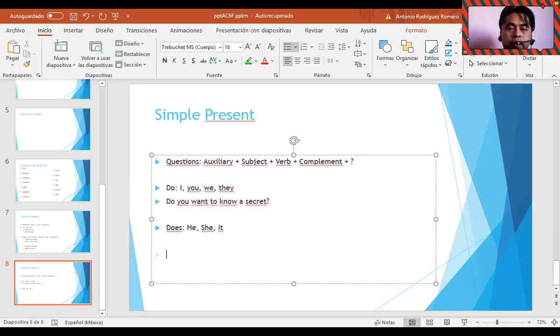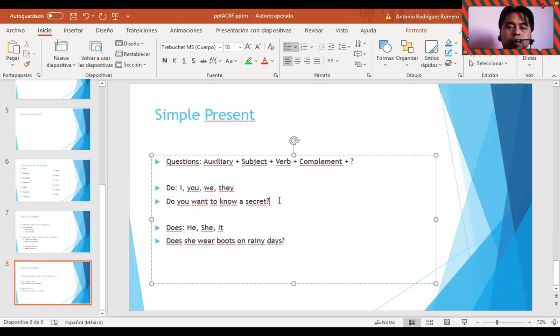For example, does she wear boots on rainy days? Okay, for example. And then now we have examples with do and with does.